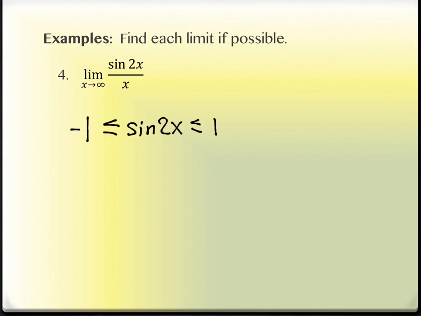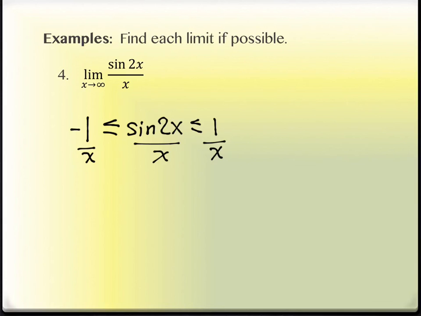My limit as x approaches infinity means that my x values are positive. So I can take each of these pieces of this inequality and divide by x, and it will preserve the direction of the inequality. If I were dividing by negatives, it would switch the direction of the inequality. Not. I'm dividing by something that's positive, so the direction of the inequality stays the same.